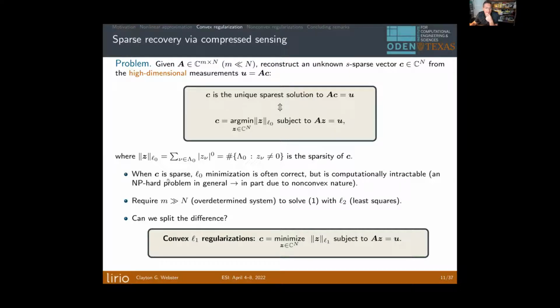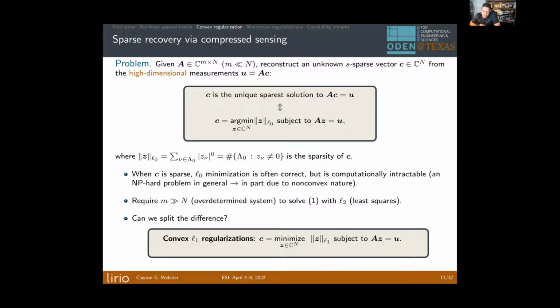In the case that C is sparse, obviously this is the norm we'd like to induce, but as I pointed out, it's an NP-hard problem, and it's in general due to the non-convexity of L0. And if I want to look at something like L2, then I'm going to require the number of samples to be larger than the cardinality n.